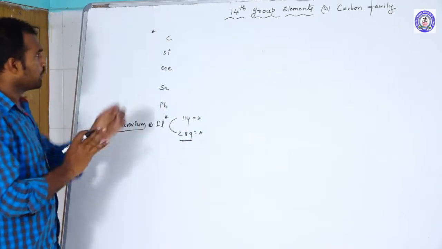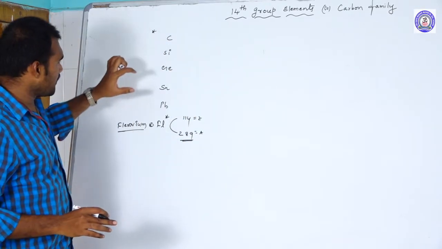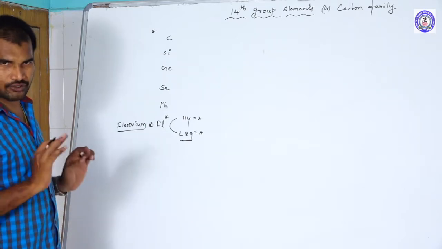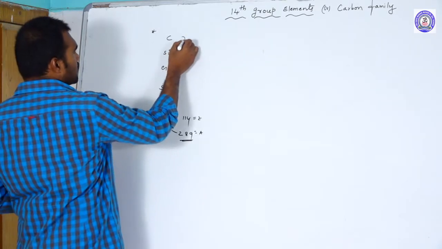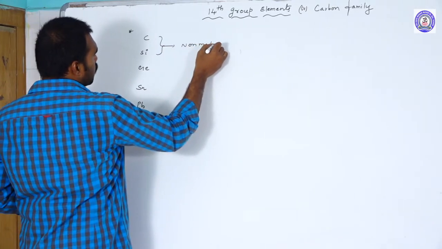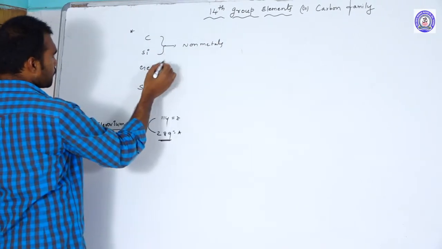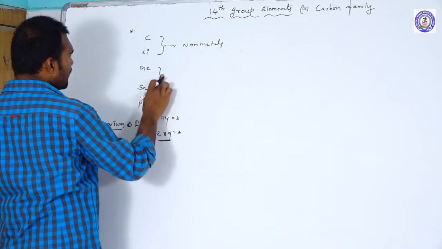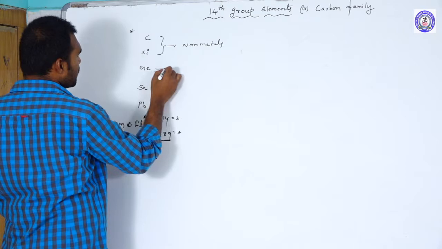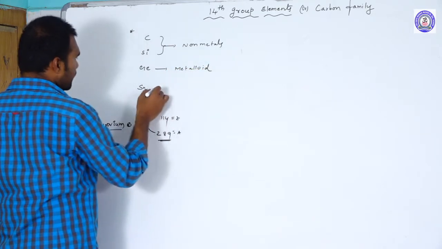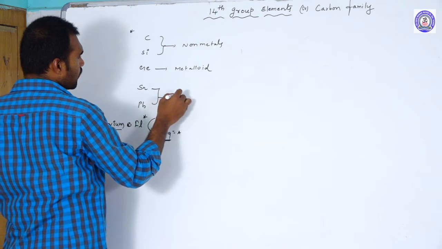Okay, come to the point. Carbon, silicon, germanium, tin and lead, these are the main elements. This is the radioactive element, no need to discuss. The first two elements are what? Non-metals. Next, germanium is a metalloid, and tin and lead, these two are what?